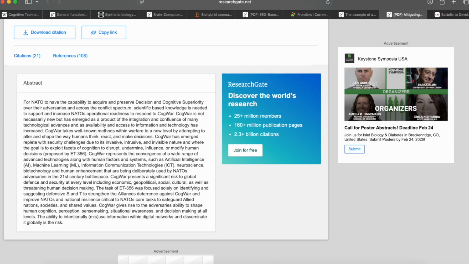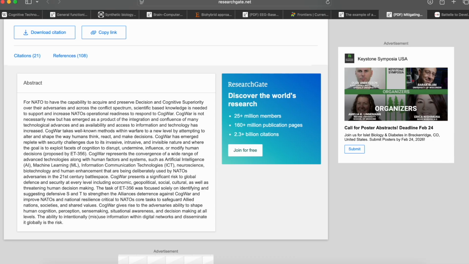COG war has emerged replete with security challenges due to its invasive, intrusive, and invisible nature, and where the goal is to exploit facets of cognition to disrupt, undermine, influence, or modify human decisions.